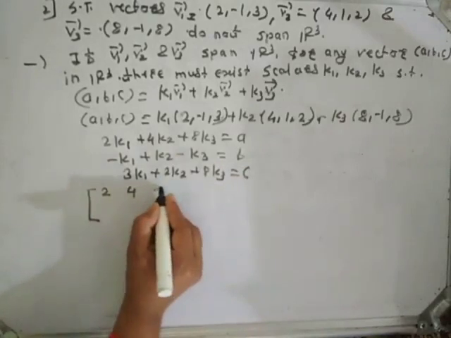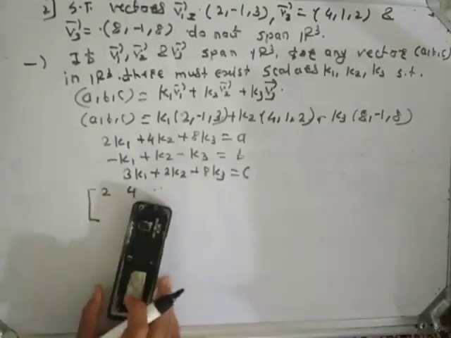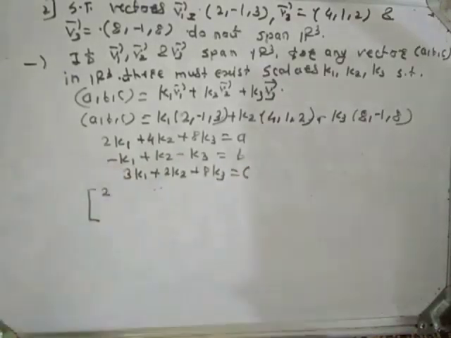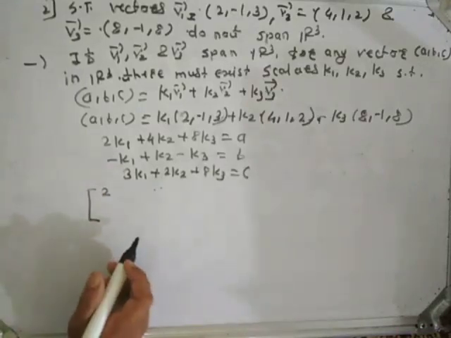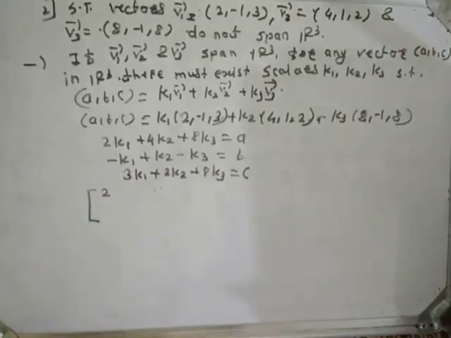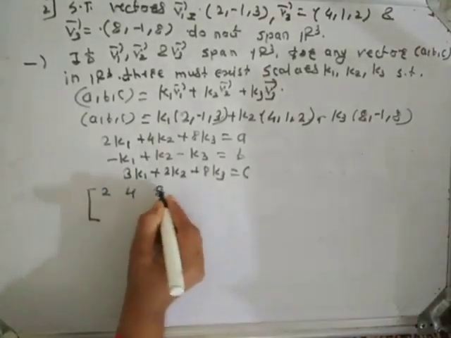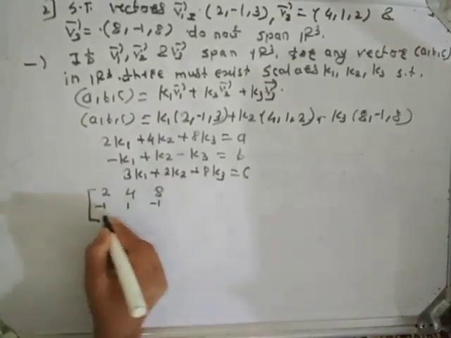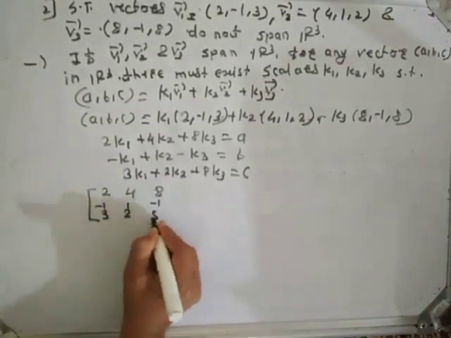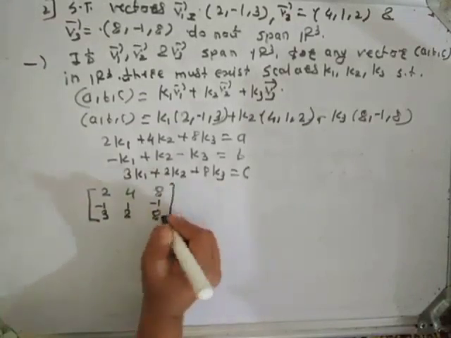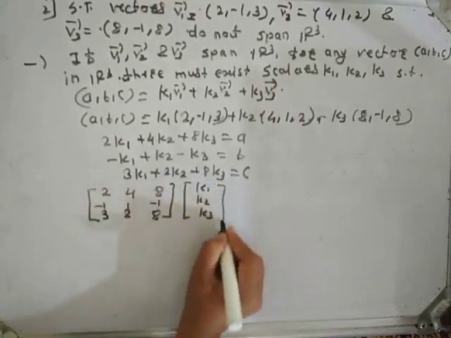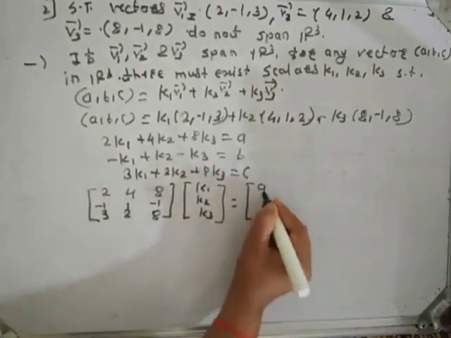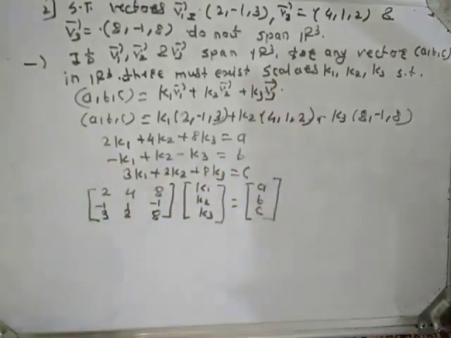We will get the matrix with rows (2, 4, 8), (-1, 1, -1), (3, 2, 8) times (K1, K2, K3) equals (A, B, C).